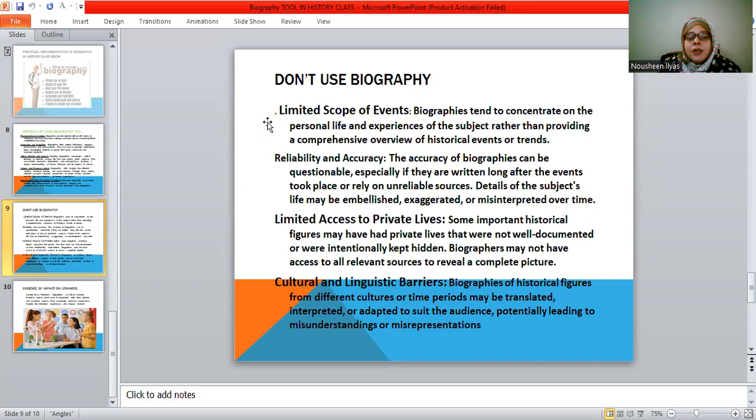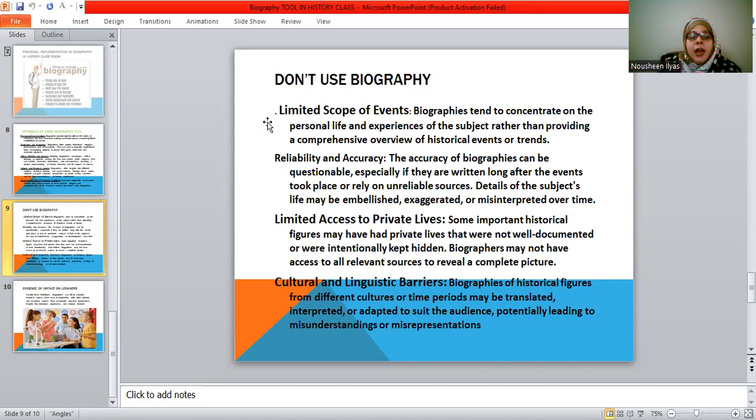Biography needs access to all relevant sources to reveal a complete picture. So it's important for using the biography tool that you have access to all relevant sources to reveal a complete picture. You can't use it with limited scope on a private life where complete access is not available.